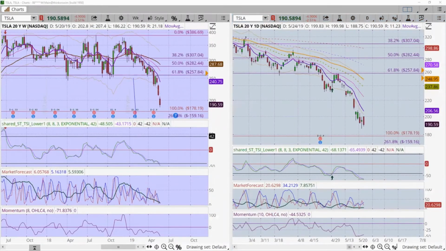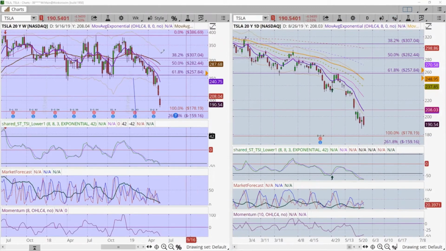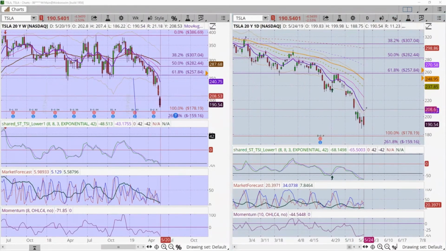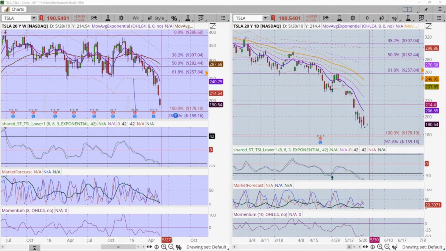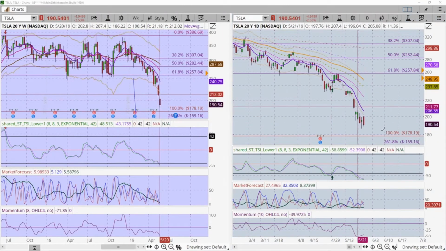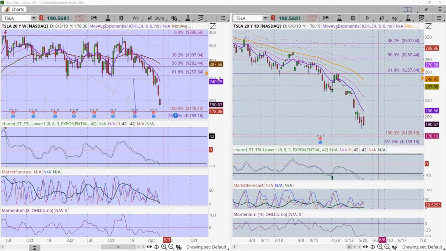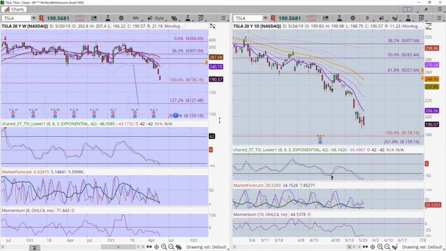Tesla's got some real pretty downside potential, but we want to see it pull back up into the 8 or the 20-day moving average. It may get a bounce here at the 178 level, but to the downside, excuse me, hold on just a second.